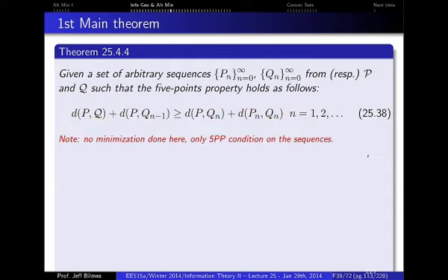Notice, first of all, that we're not saying that any actual minimization is done here. There's no explicit minimization with respect to the five points property. It's only in the case that the sequences come from somewhere that happens to satisfy this.